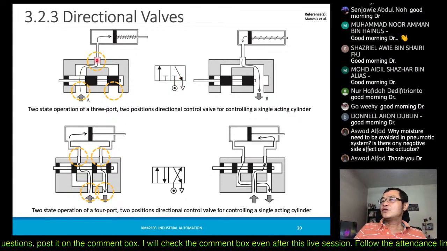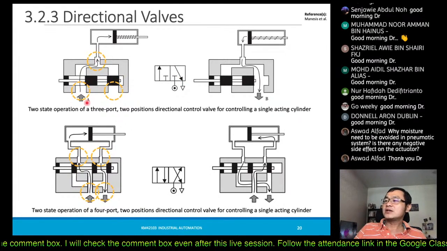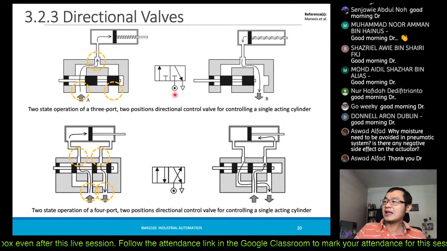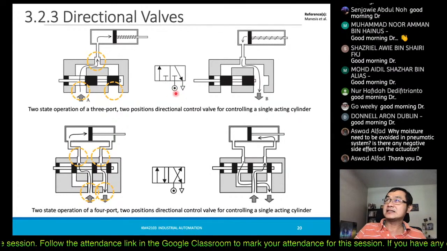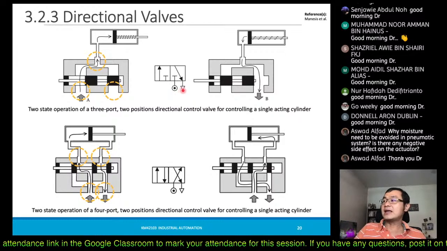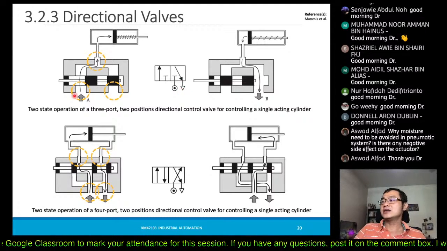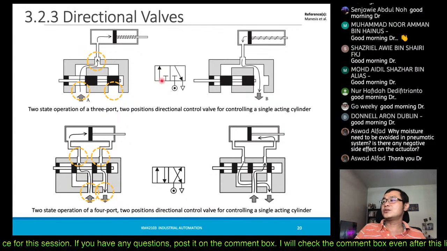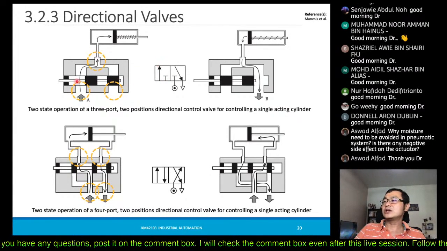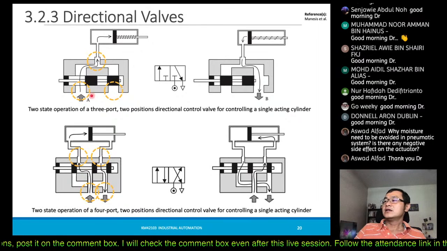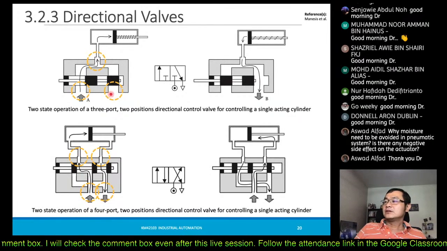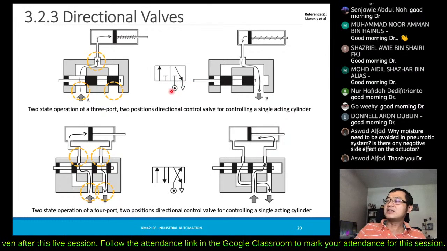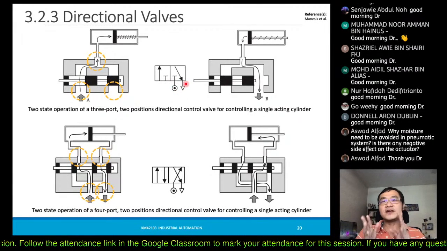For the first state of switching, remember this one is the source, and this represents the exhaust. So we have these 3 ports, 1, 2 and the third one. In our system we always have these so-called fixed positions.